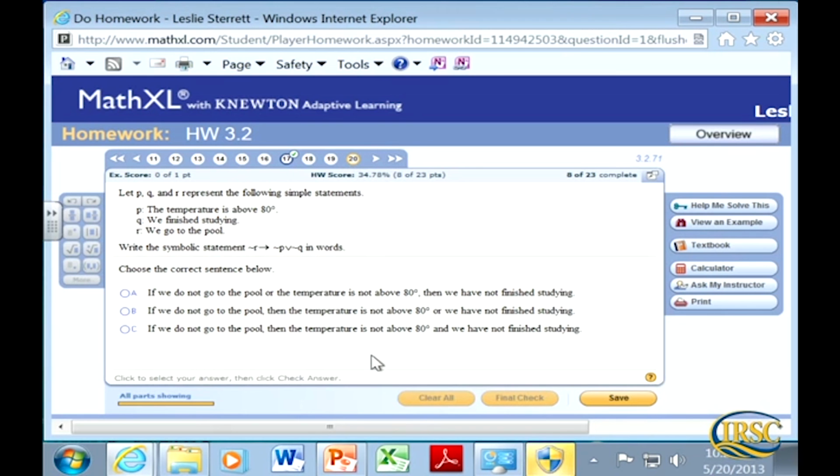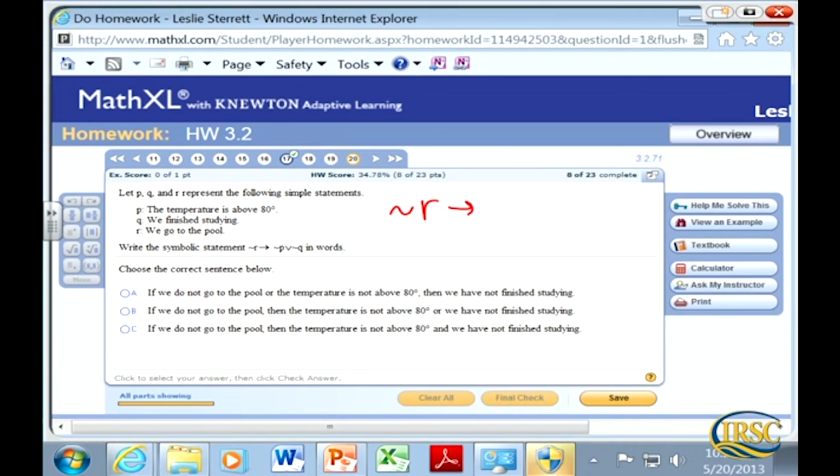Where you have to take what's in symbols and translate it into words. So here's what you're translating. Now, they didn't put parentheses in here, but you could figure that out because you know which symbols are most dominant. Okay? And so you have three choices.